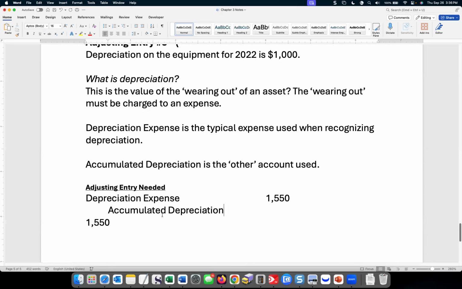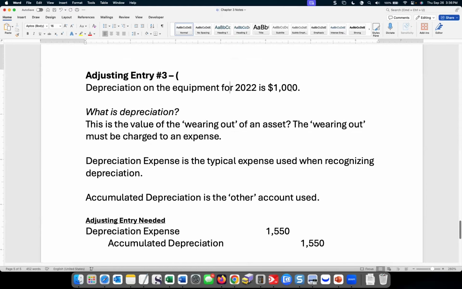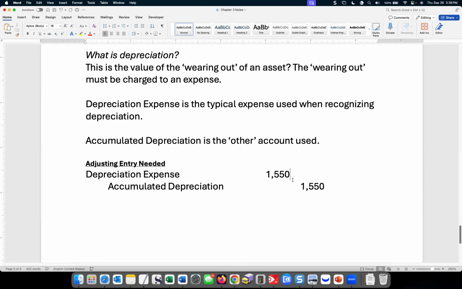There's our adjusting entry. We still need an amount. Well, they told us up here, $1,000 for the year. There's your number, so I'm just going to throw that in. Some things require a calculation, some things won't. This is one where they just gave you the figure. Now, when you take Accounting 102, I'll show you how to calculate that. There are a few different methods that you can employ to get that number.